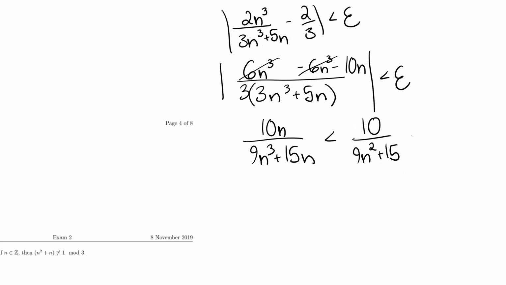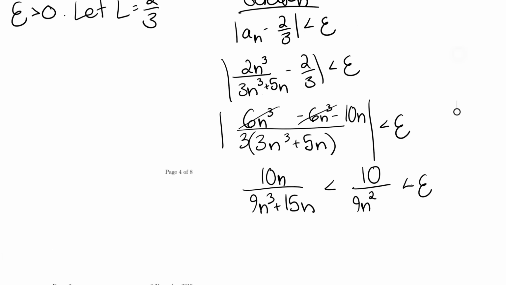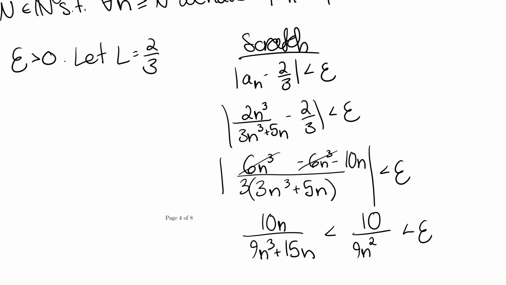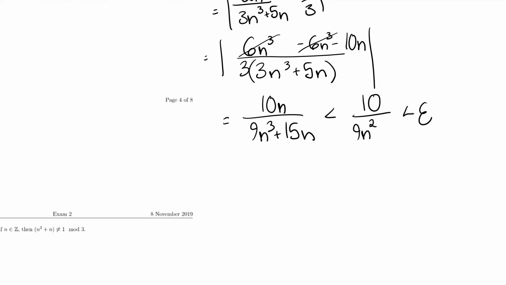We just need epsilon to be bigger than something, right? So we get rid of this. And now we want to force epsilon to be less than that. Okay, so maybe this is how I should write it. Maybe I should just put these equal. Okay, so I want that to be less than epsilon.